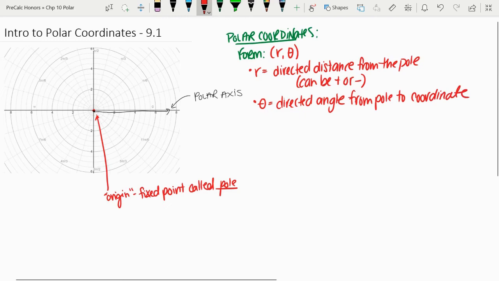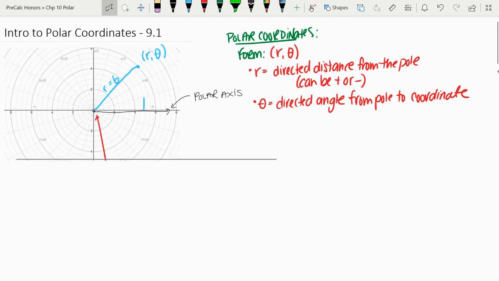So I'm going to put a random point on here. Let's go right here. And this would be a point in the form (r, theta). For this specific point, r would be like the radius of the circle that point's on. See that circle out there? For this point, r would equal 6.